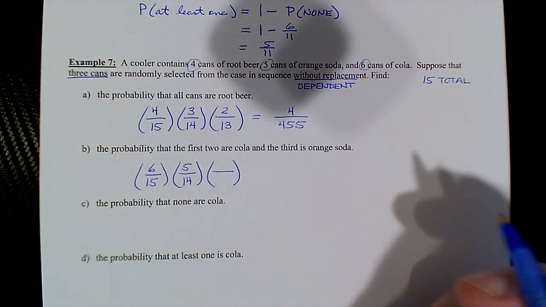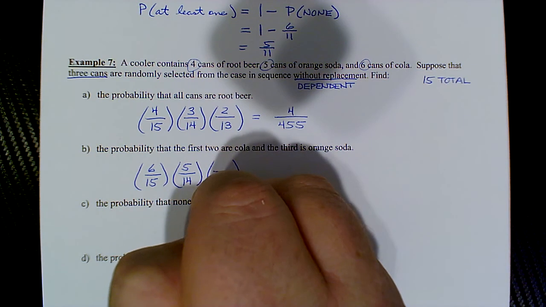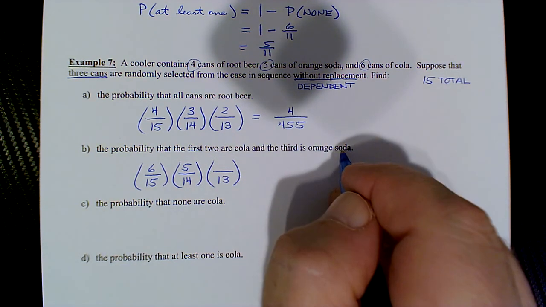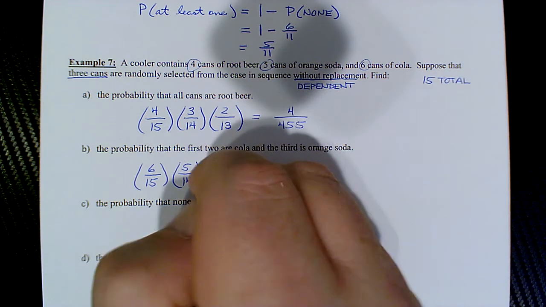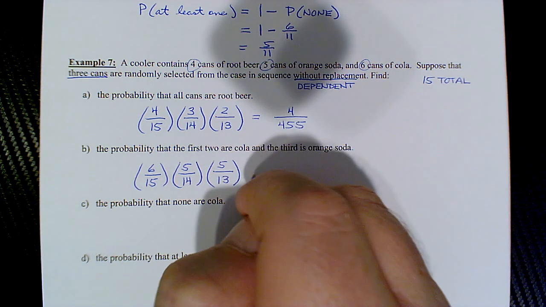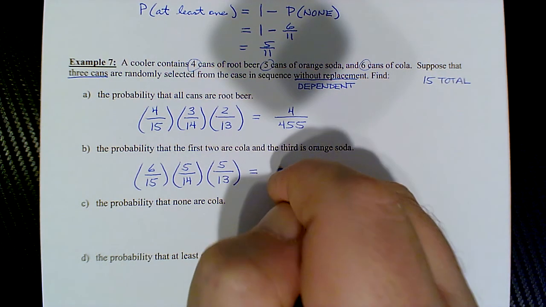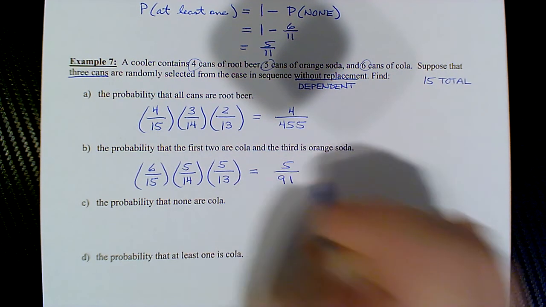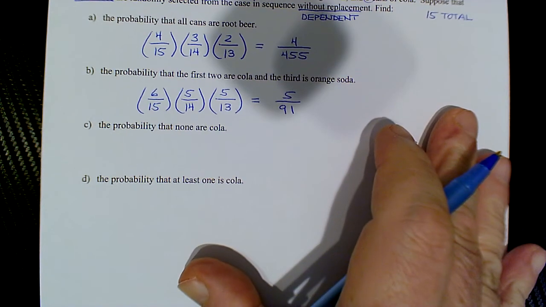And now there's 13 cans left to choose from, but we're interested in an orange one. And there are 5 orange ones, so 5 out of 13 for that. So that reduces to 5 out of 91.